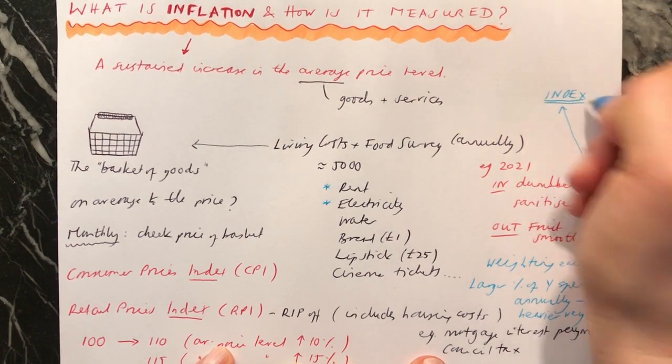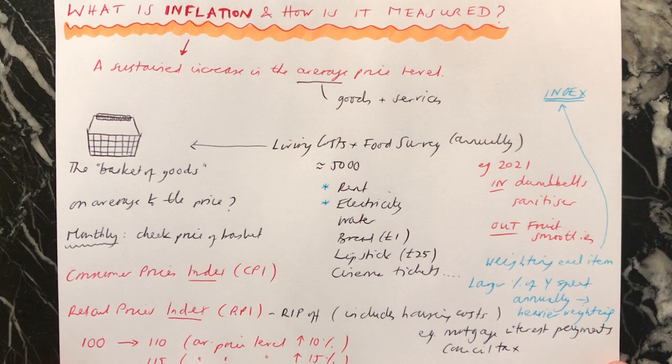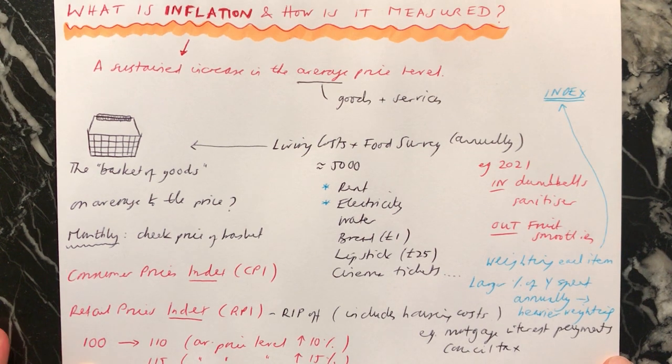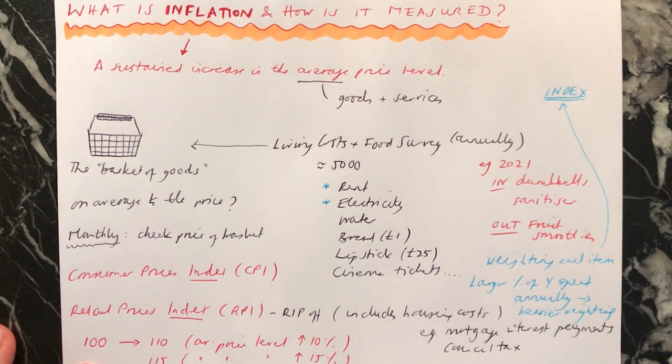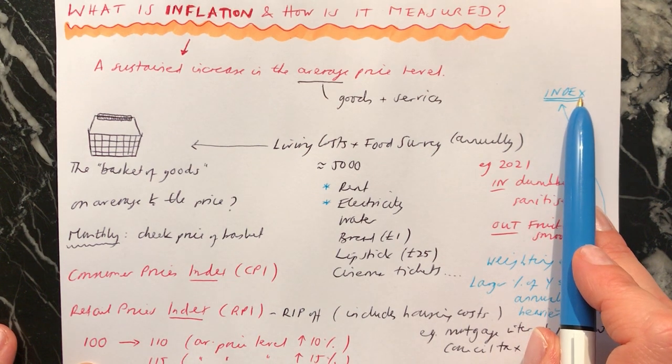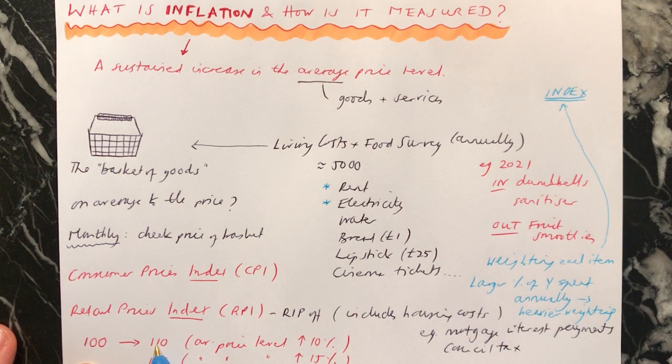This is a complicated process, and you don't need to know how to work out the index. But what they'll then do is, as we said down here, they'll go every month, they'll see what the price of the goods and services is in the basket, and they will apply the weighting to each product. They come up with the index. And then they put the index over time. We can see what's happening to the index number.